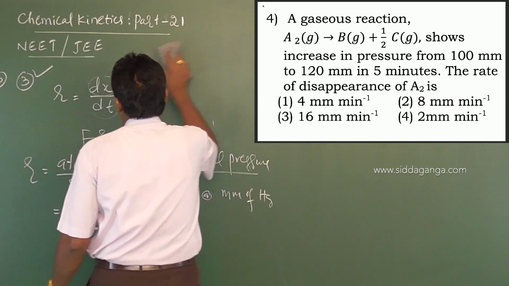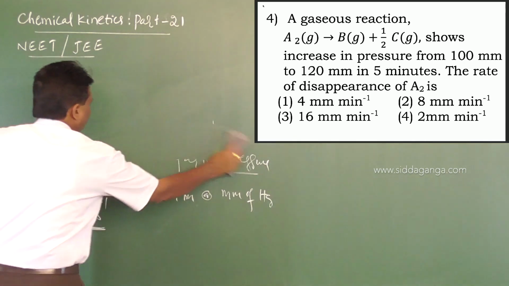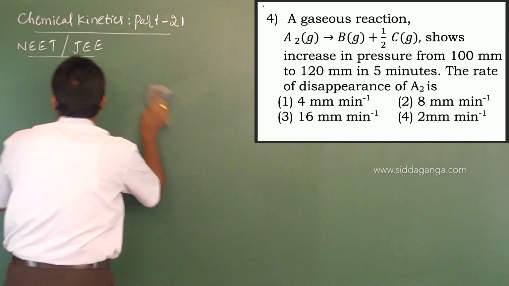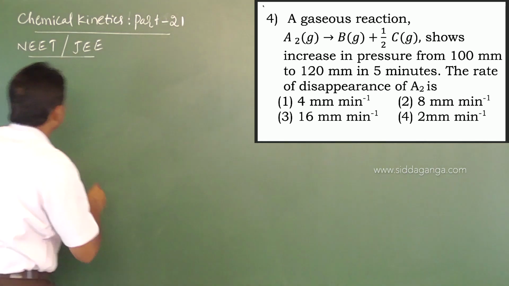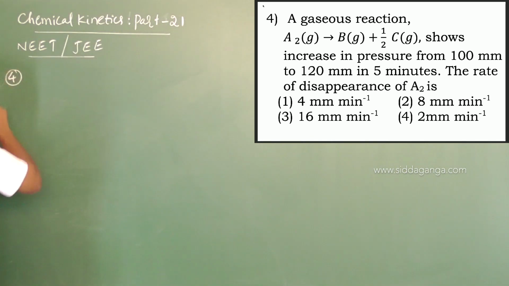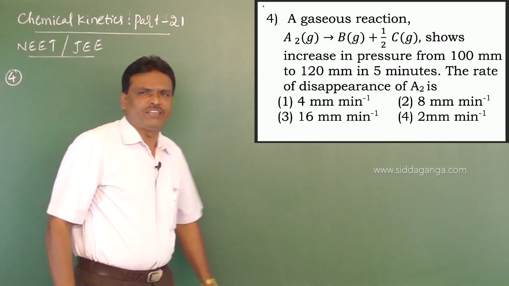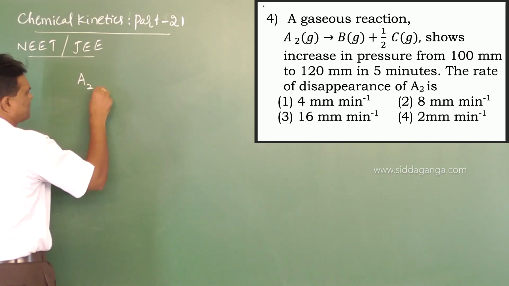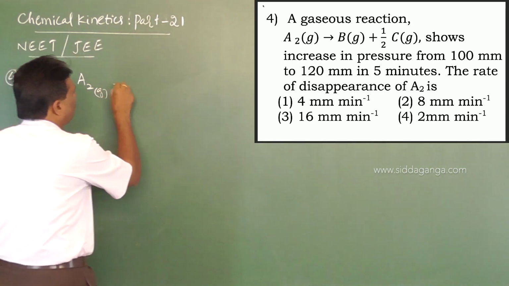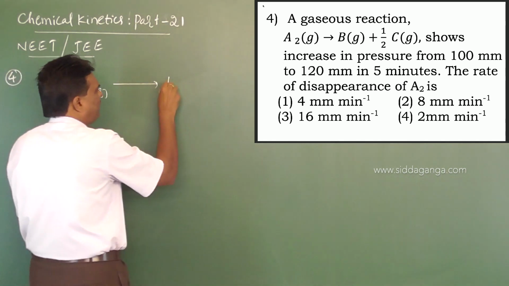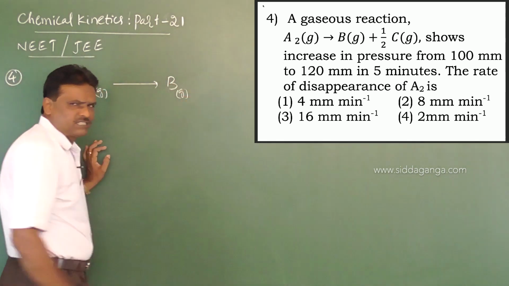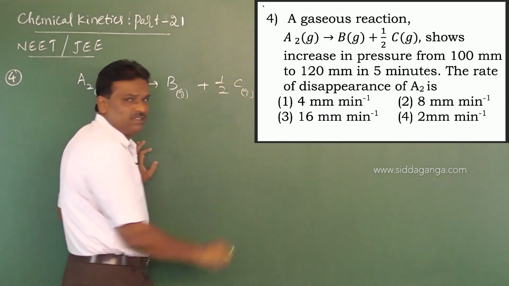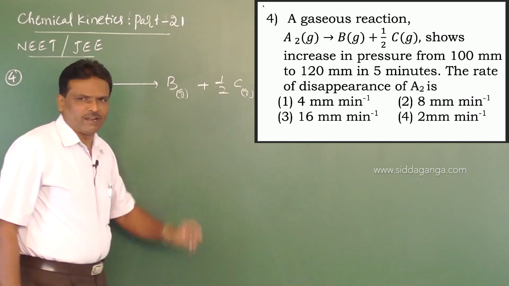Look, when this type of problem comes, observe how you calculate. So the fourth question. For gaseous reactions, A2 in the gaseous state is converted into B, one gaseous product, and half C, this is another gaseous product.